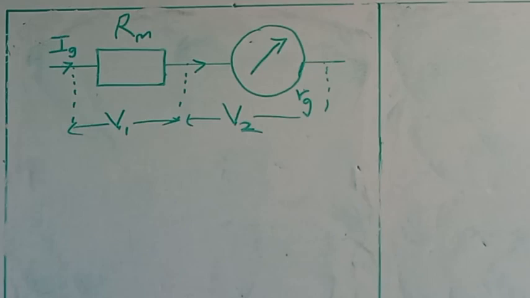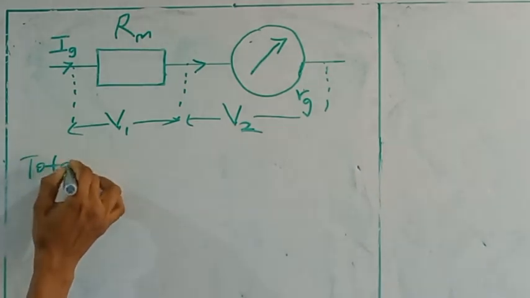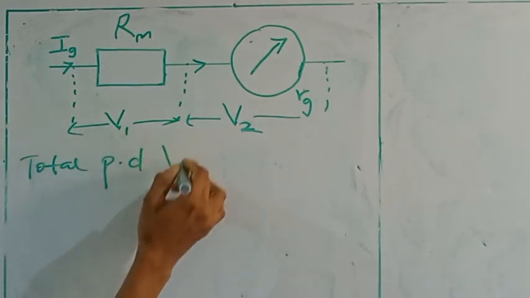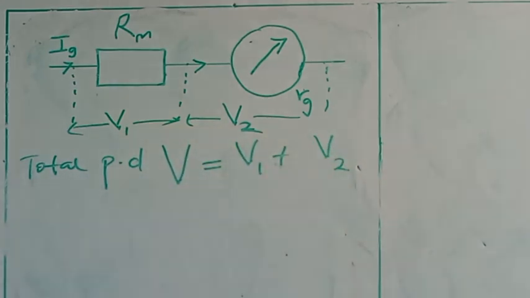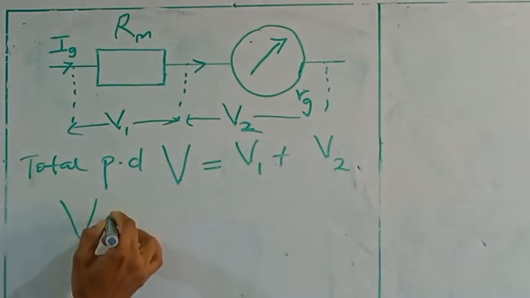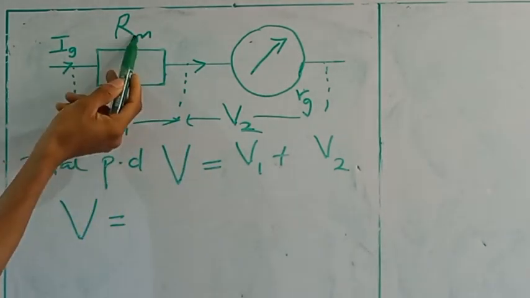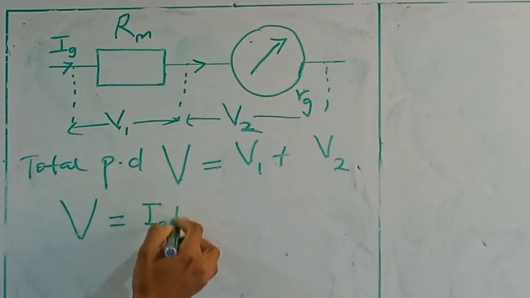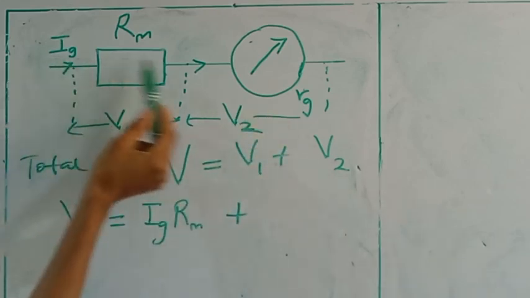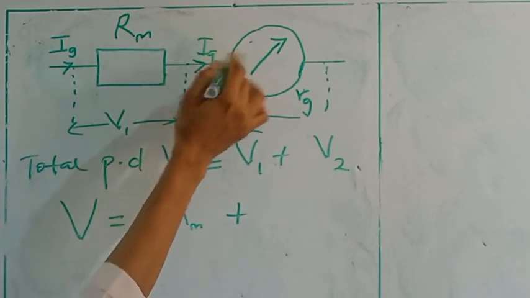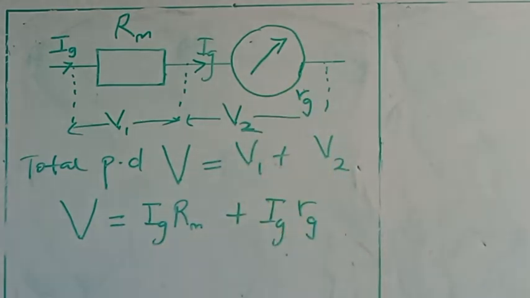So we can now have the total PD across the circuit. The total PD across the circuit will be V1 plus V2. So that total PD V is equal to, remember, for V1 we have IG RM, plus for V2 it is the same current IG that will flow through the galvanometer, then RG.